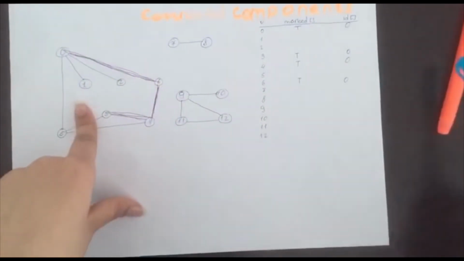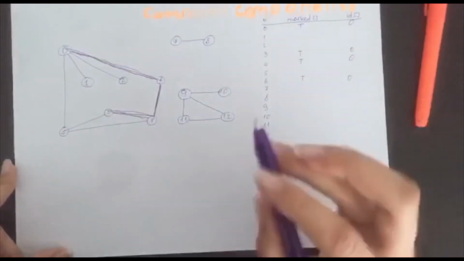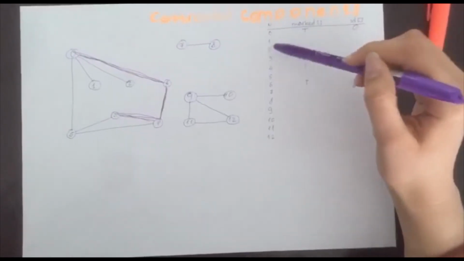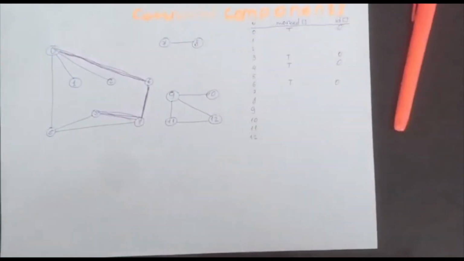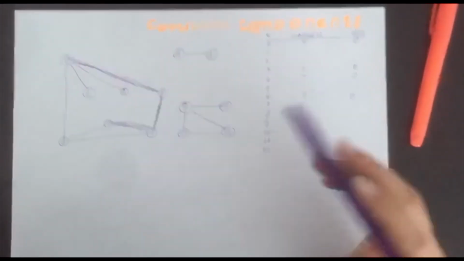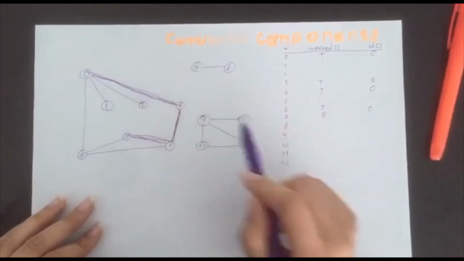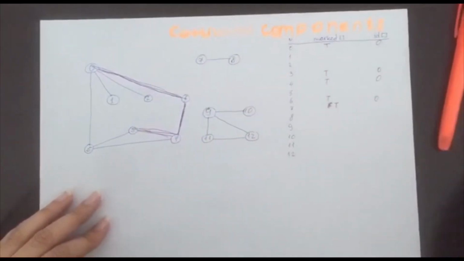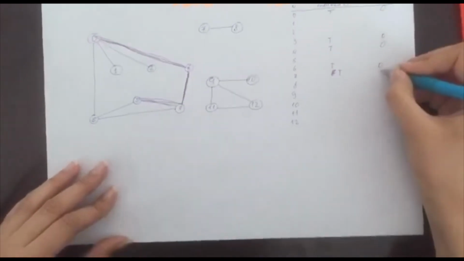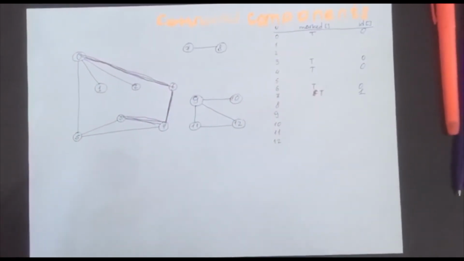We will check, starting from 0, 1, 2, 3, whether each vertex is marked or not. If it's not marked, like 7, we'll start from it, mark it as true, and here we will write 1 because it's the second connected component.